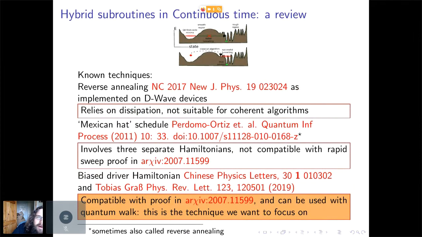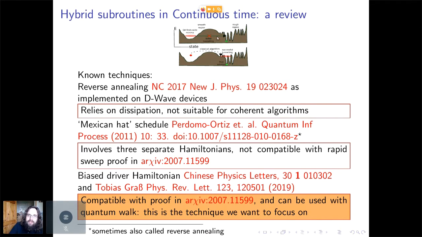So, hybrid subroutines in continuous time. Let's quickly review what there are. I have this cartoon to motivate the idea: in quantum annealing, tunneling through broad barriers is generally thought to be hard quantum mechanically. Your gap shrinks exponentially, so your time to tunnel becomes long.